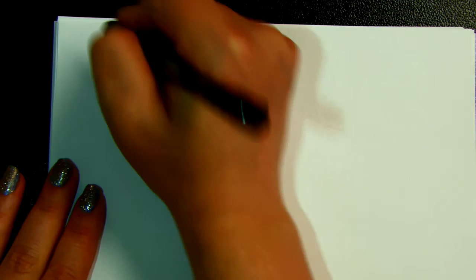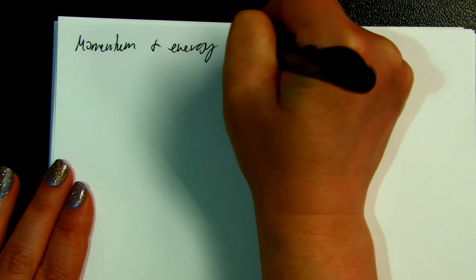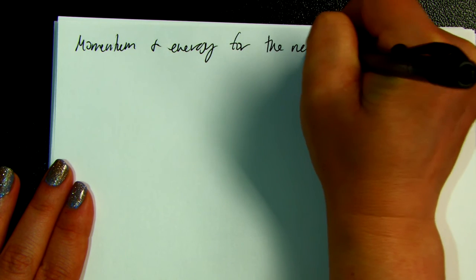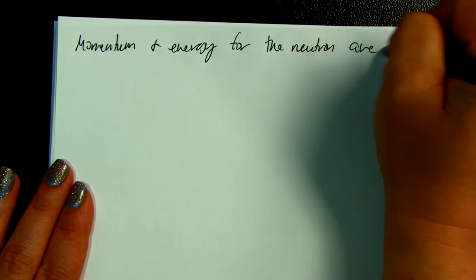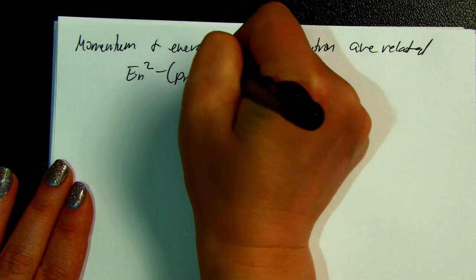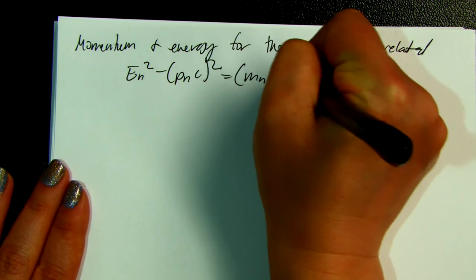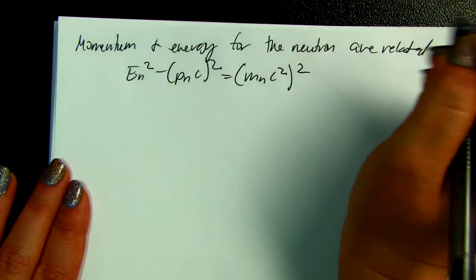So momentum and energy for the neutron are related. En squared minus (Pn c) squared is equal to (Mn c squared) squared.